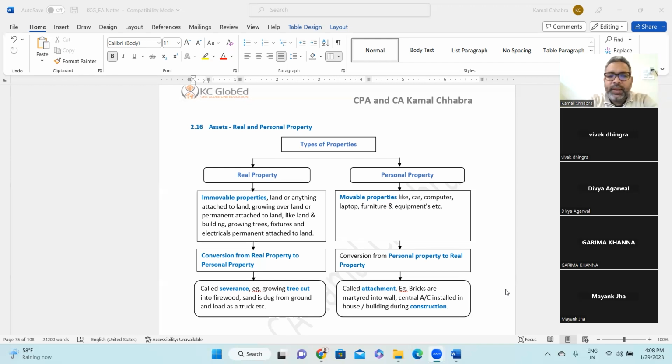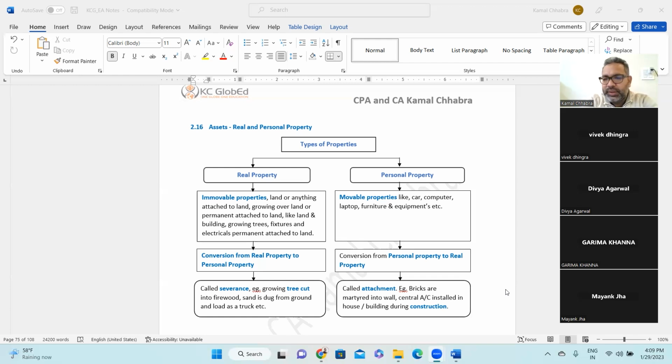If you see the left hand side, immovable property including land or anything which is permanently attached to the land, or growing over the land, like land and building, growing tree, fixture, electrical permanent attachments to the land. So all those things come under real property. But most of the time, in the exams or in the practical world, land, building or growing trees are commonly used as real property.